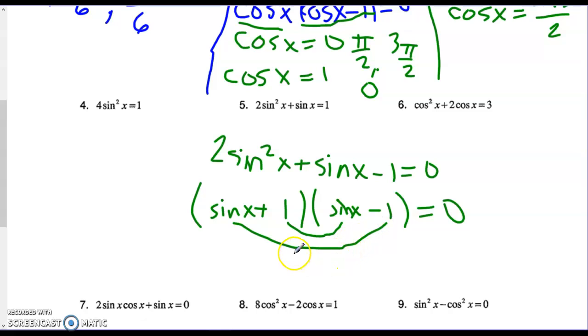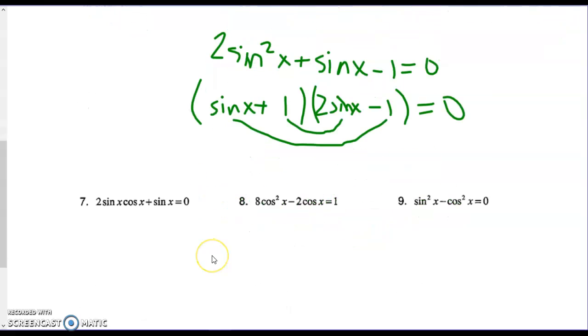If I added those, that would give me 0, which is not good. So I needed the 2 to go in front of either the first term or the second term. We're going to put it in front of the second term because we want this sine of x to be positive. Positive 1 times 2 sine of x will give me positive 2 sine of x, and when I add that to a negative sine of x, that will give me a positive sine of x, which is what we want for our result.